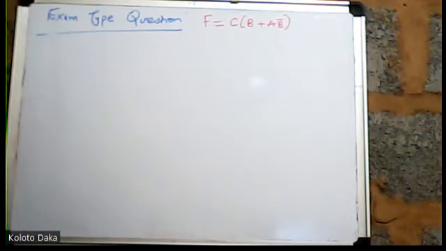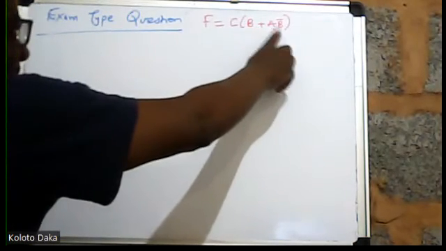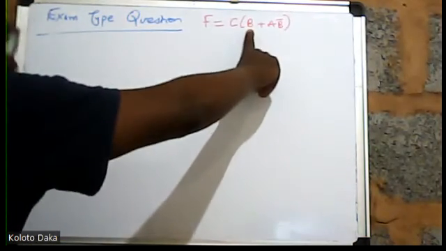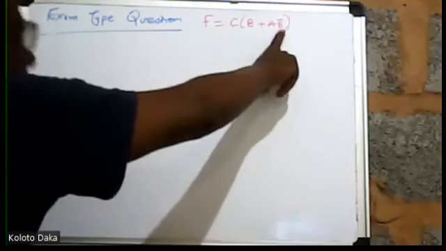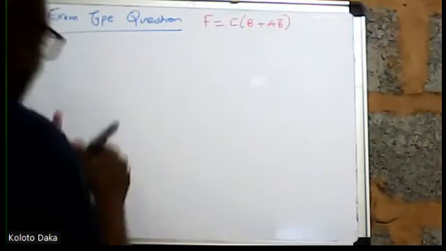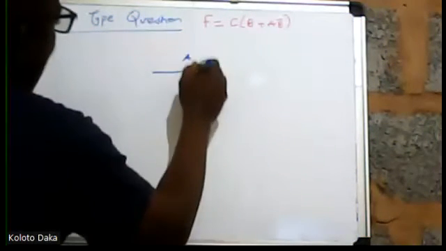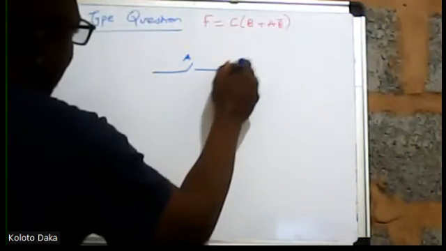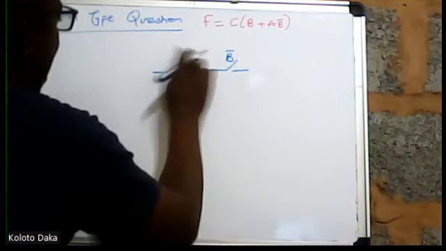Okay? So you start with the brackets. B plus A and B bar simply means that B is in parallel to A and B bar in series. So we have our A there in series with B bar. Are we together?